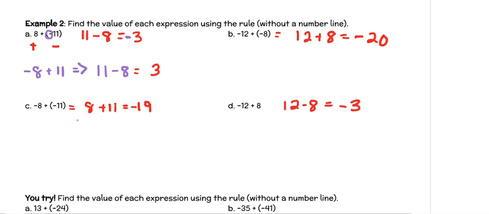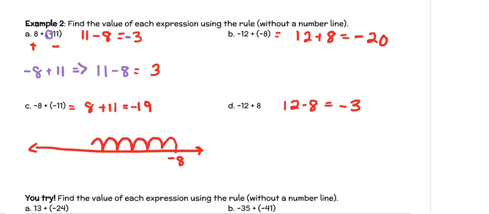And all of this follows true with actual number lines. If I did this one using a number line over here, C, right? We're starting off at -8. And we're adding -11. So we're doing 1, 2, 3, 4, 5, 6, 7, 8, 9, 10, 11.